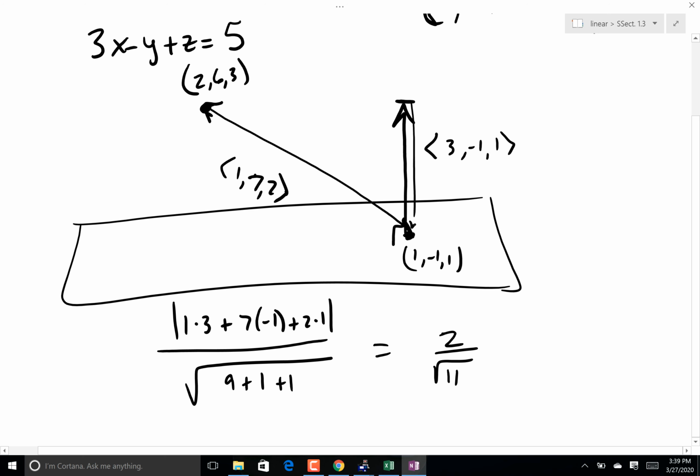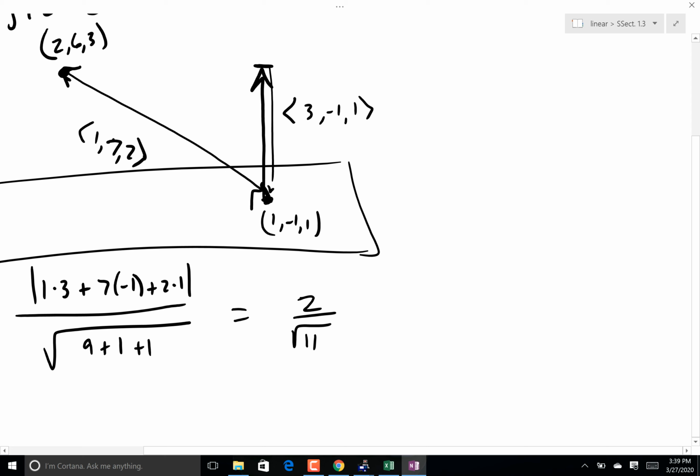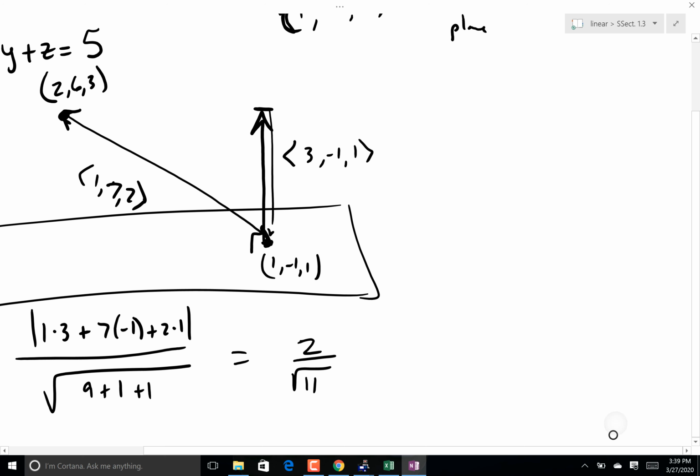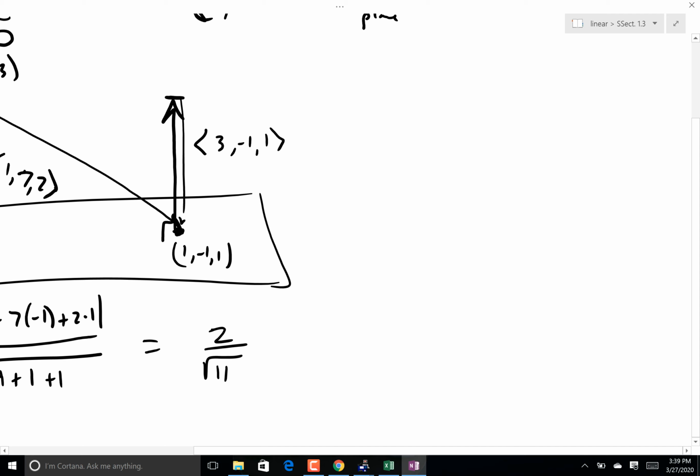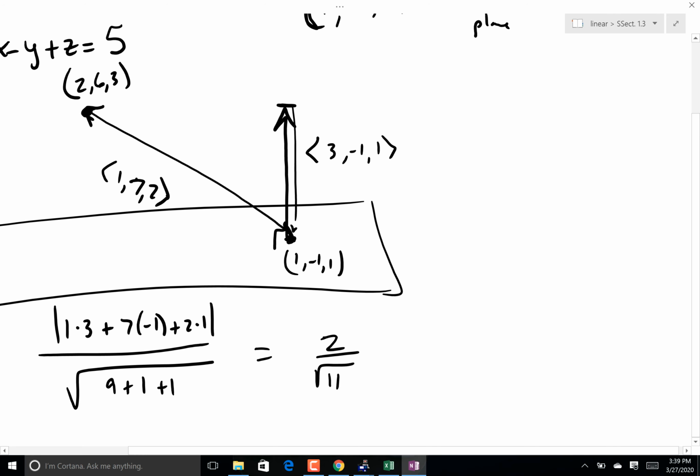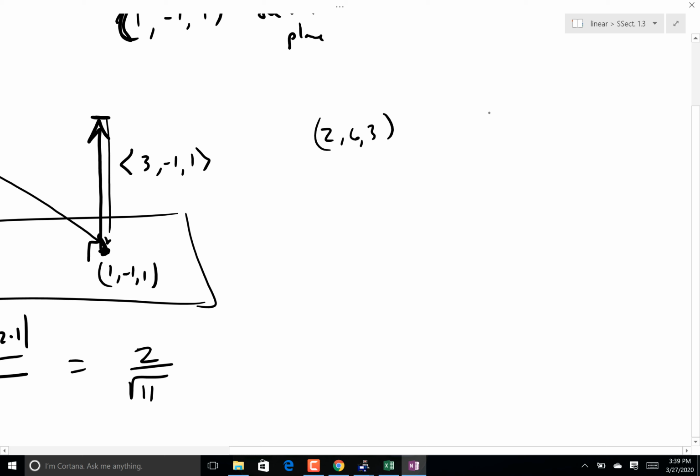Okay. Now, that's cool, that's great, that's lovely, awesome, whatever. Now, let's see what happens if I did the other way, the way that the book shows. The formula is simply to do this. I want to know how far it is from the point (2, 6, 3) to the plane, which is 3x minus y plus z equals 5.